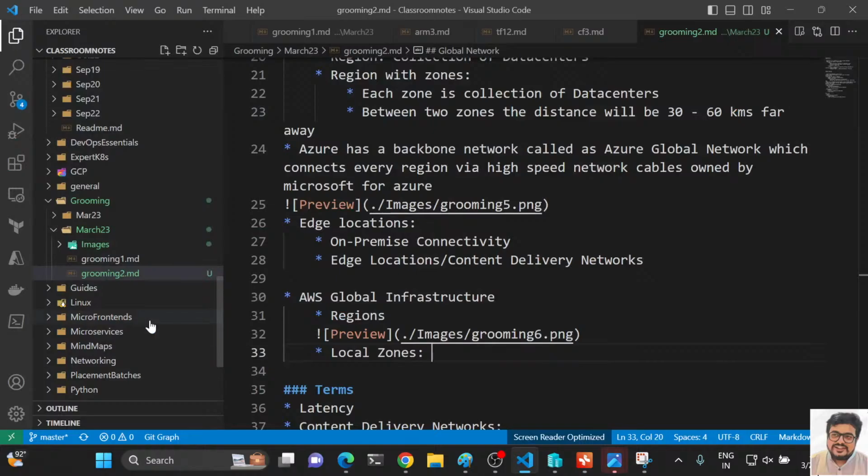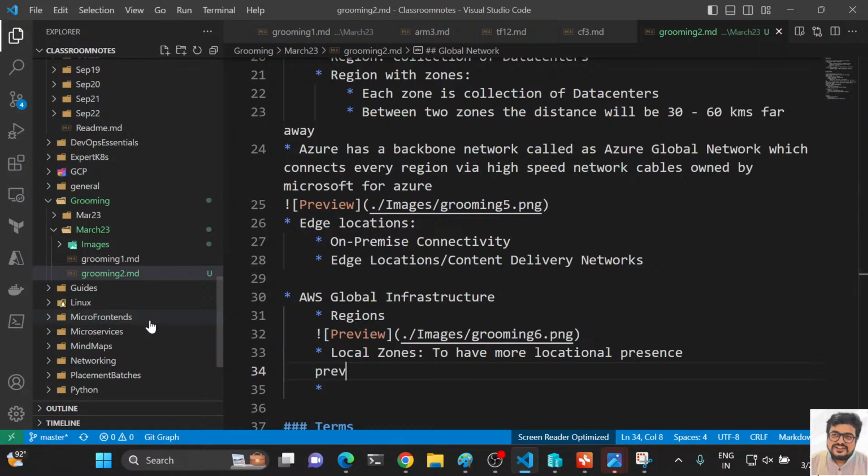Local zones are to have more locational presence, so they started supporting local zones. Whatever that wavelength zone is, that is basically created for 5G networks.